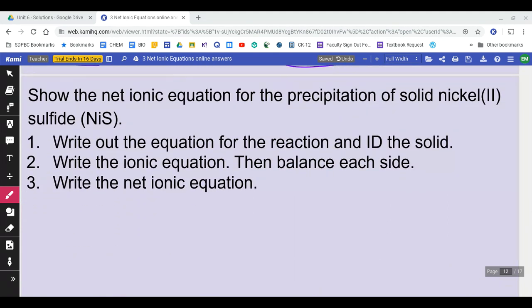Another example. In this one, we have solid nickel 2 sulfide. What's the net ionic equation? Now, if you get a question where they tell you straight away what the precipitate is, in this case solid nickel 2 sulfide, that makes it really easy to figure out the net ionic equation.